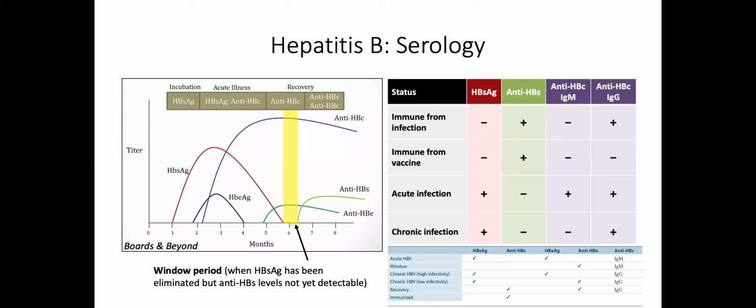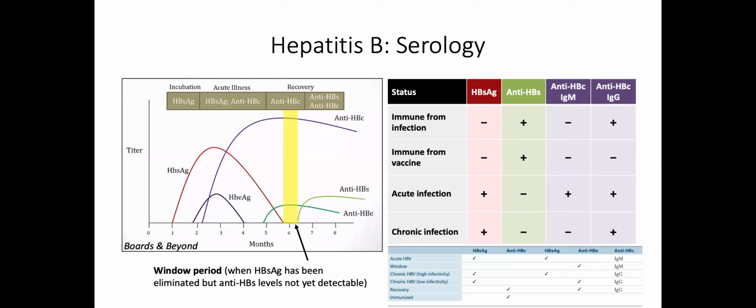If they've recovered or they're immunized, surface antibody, not antigen, antibody will be positive. And if they have recovered and it's not because they've immunized, their infectious antibody, their envelope, will pop up positive, and they will have IgG Hep B core that will be positive as well.